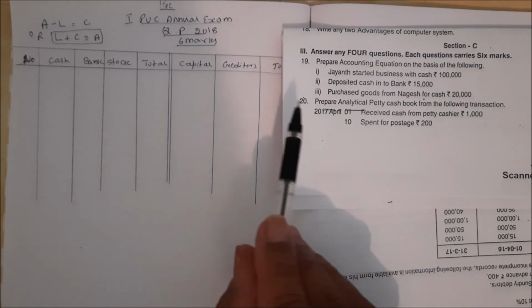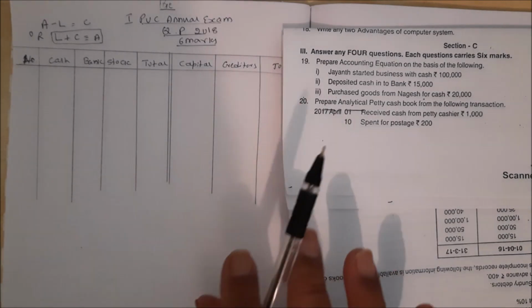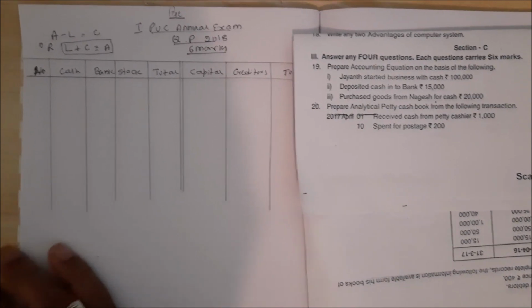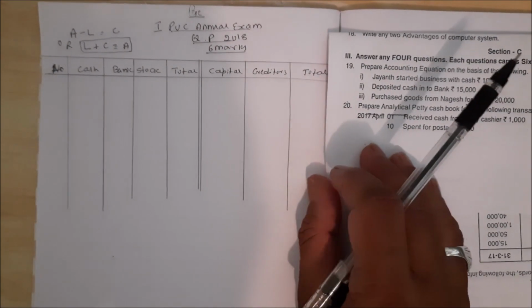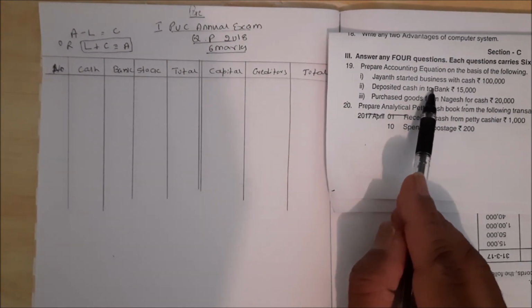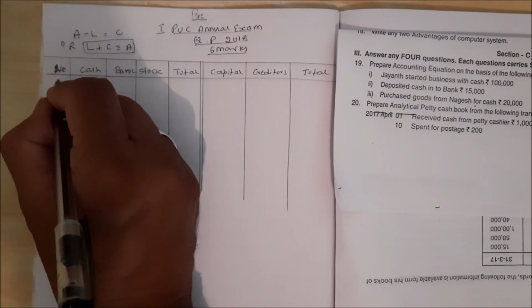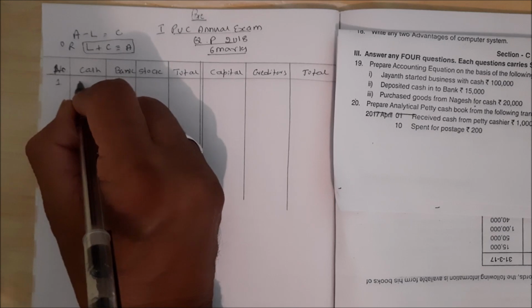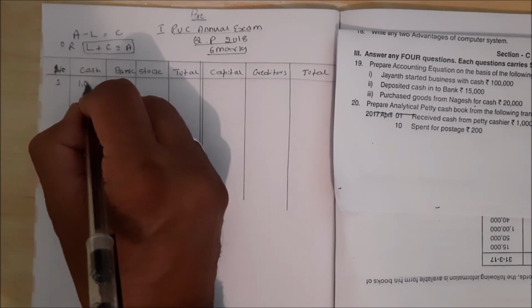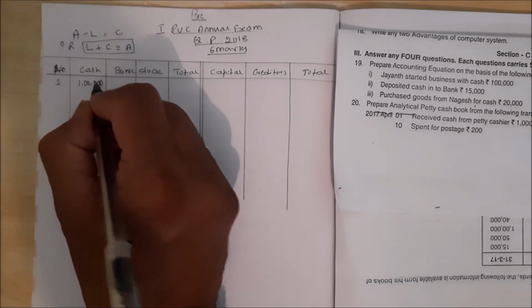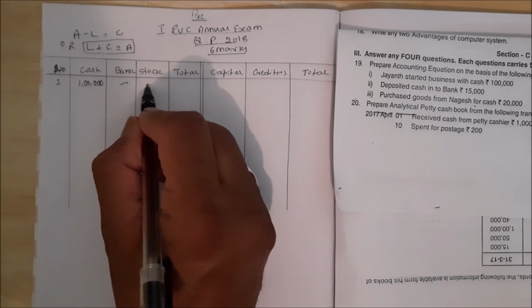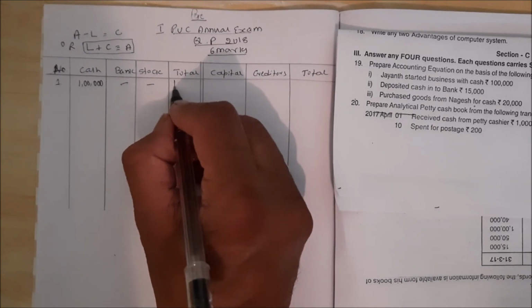Now we will write this in your accounting equation format. First one, Giant started business with cash 1 lakh. So first transaction, that means cash coming into the business, 1 lakh. No bank, no stock, so 1 lakh.